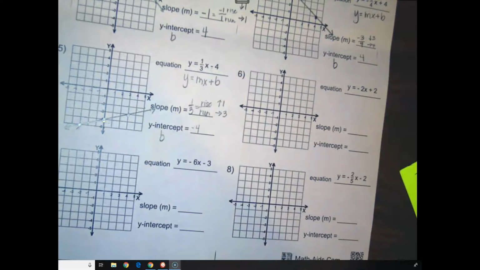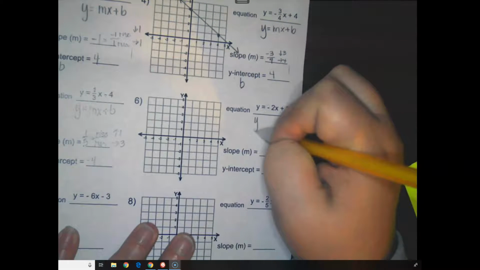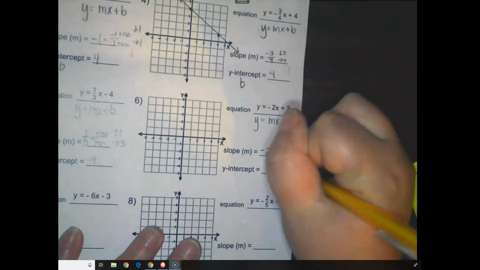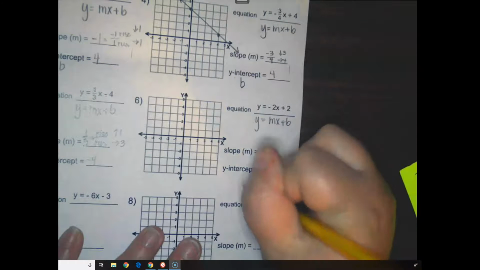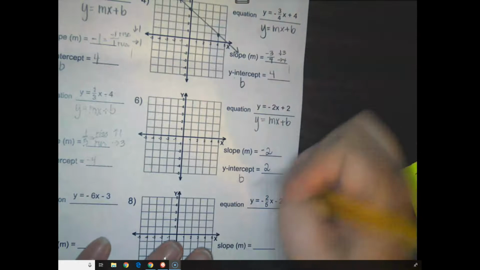Hopefully we're not having too much fun with this because we've looked at this quite a bit. We just haven't actually done the sketching of them. Alright, y equals mx plus b. My m is negative 2. My b is positive 2. So I'm going to begin at that positive 2.